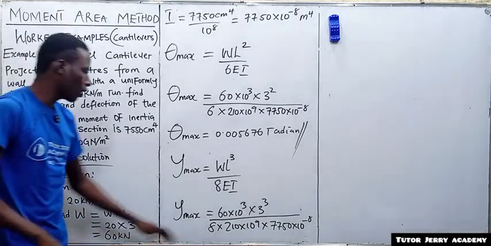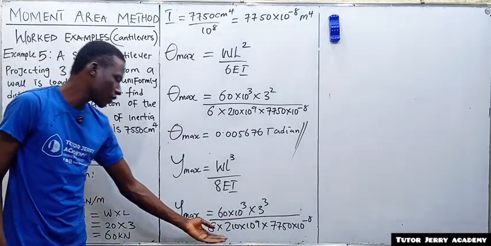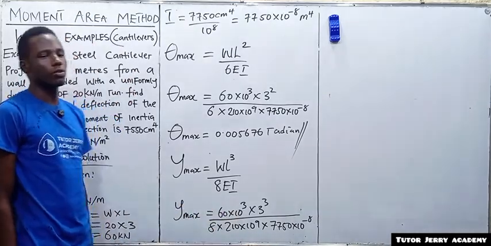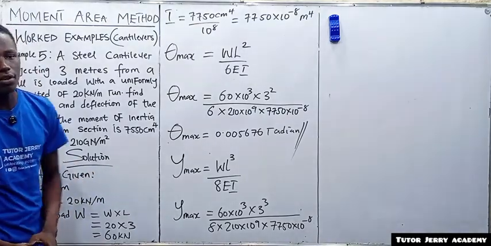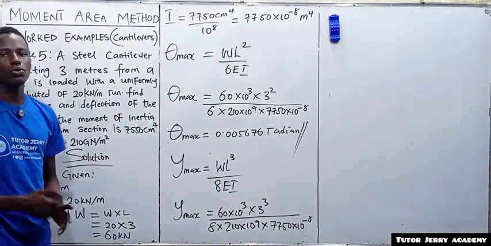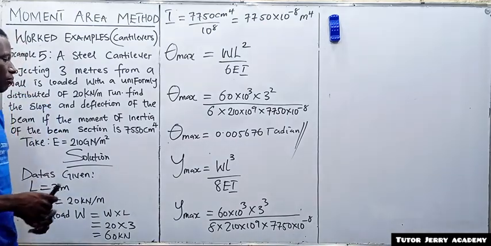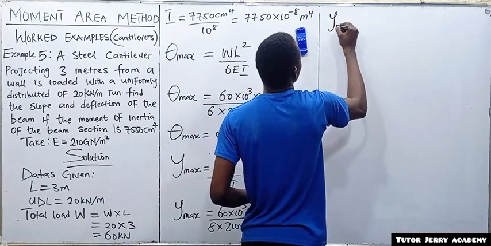Now multiply the numerator, multiply the denominator, and divide the numerator by the denominator. You will realize that your y max will be equal to 0.01277 meters.